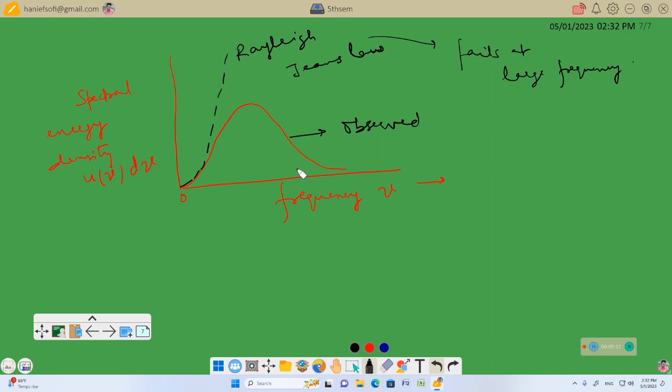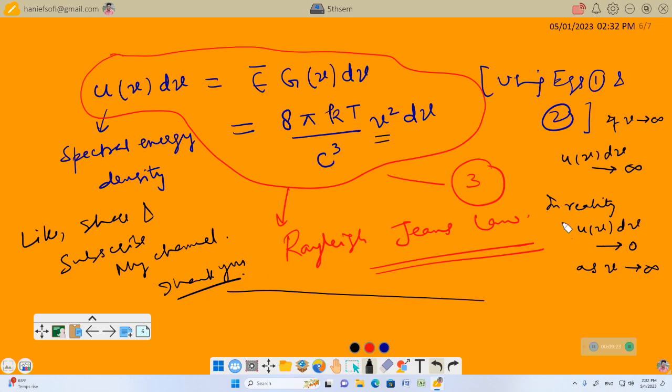As you can see in the experimental curve, as nu approaches infinity, this curve comes down, the spectral energy density approaches 0. So there is a big failure at higher frequencies in case of Rayleigh-Jeans law. It says it should go to infinity, but in reality, the spectral energy density approaches 0.